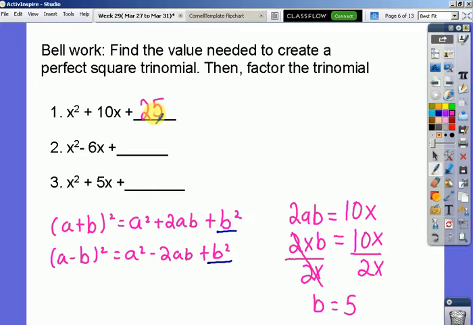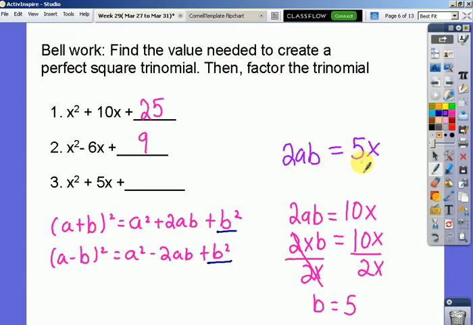So I'm going to be doing the same thing for 2 and 3. What do I get for 2 and 3? What do I get for 2? 9. Right. And what do I get for 3? Well, this one's a little bit tricky, right? I get a fraction. Because this time for number 3, I'm going to set 2ab equal to 5x, just like Zach did in the beginning.